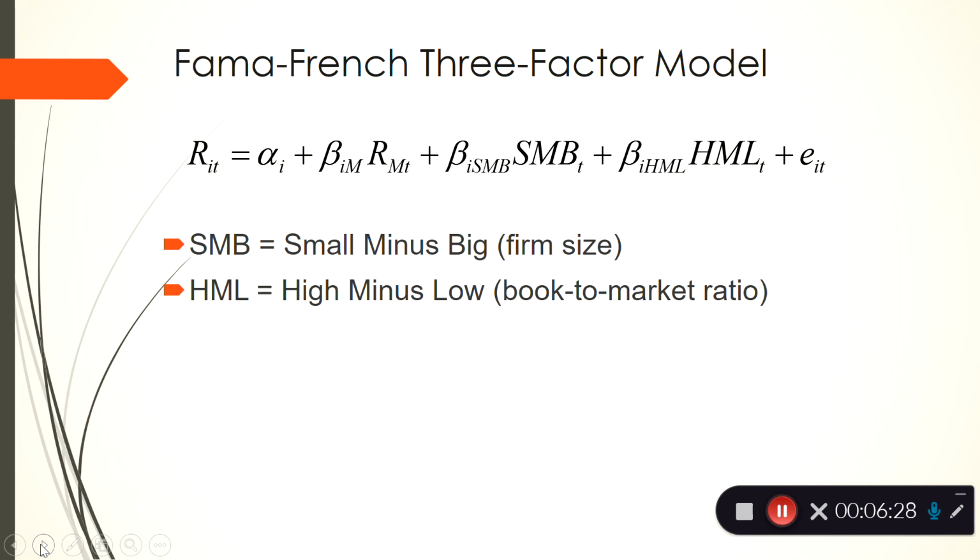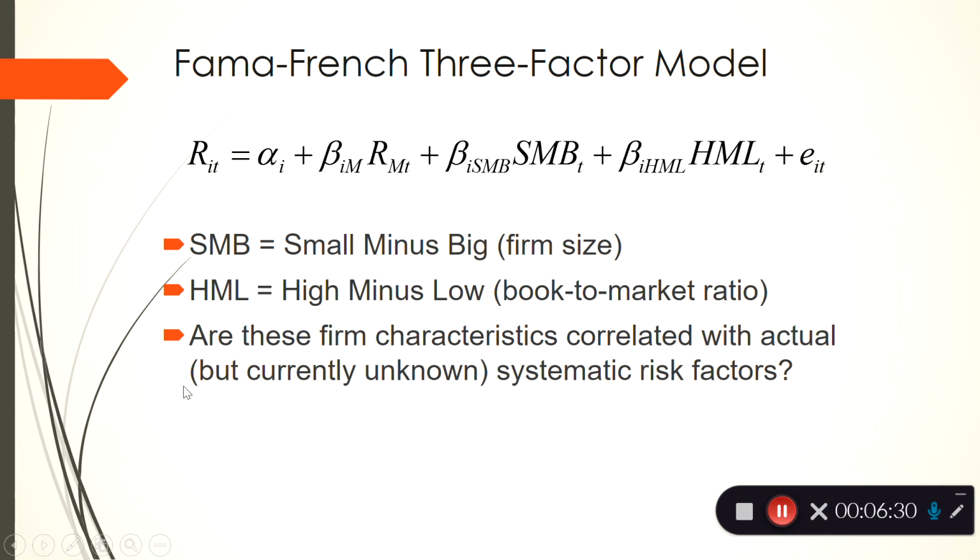And then, are the firm-specific characteristics correlated with the actual but unknown risk-specific factors? That's really what we are trying to figure out here. If the Fama-French three-factor model works and does predict your returns, then these factor loadings or beta coefficients are statistically significant and they should be used to estimate your price.